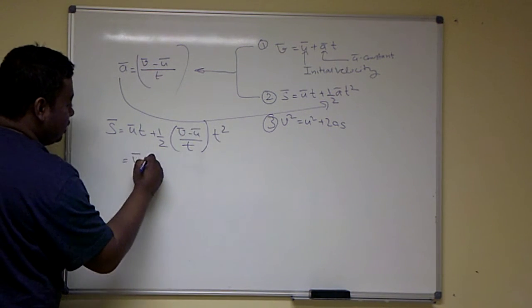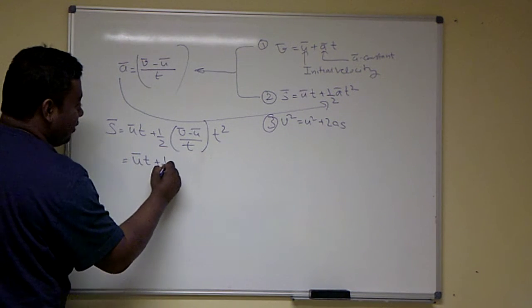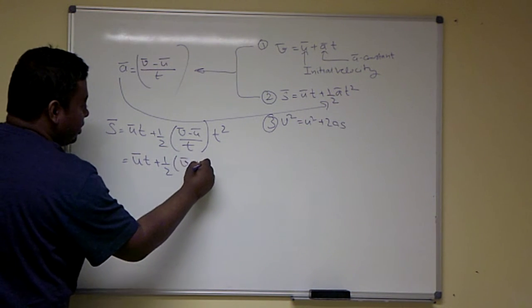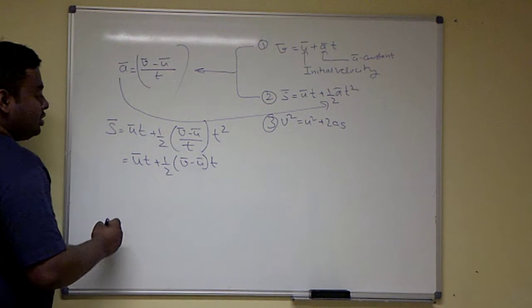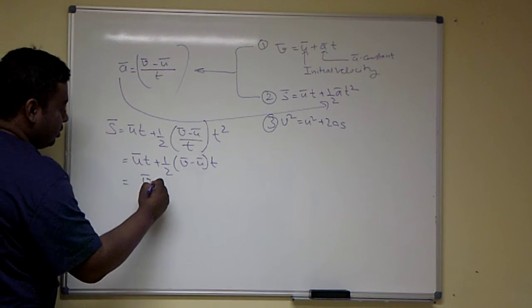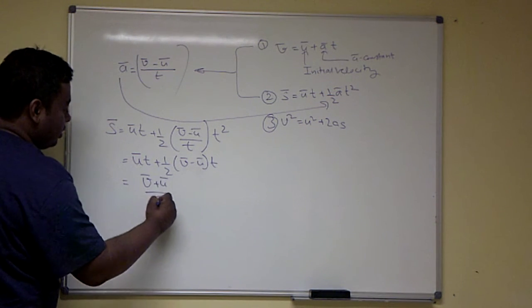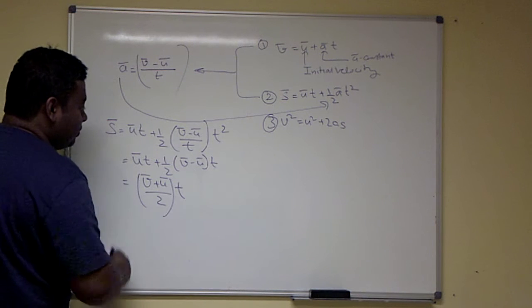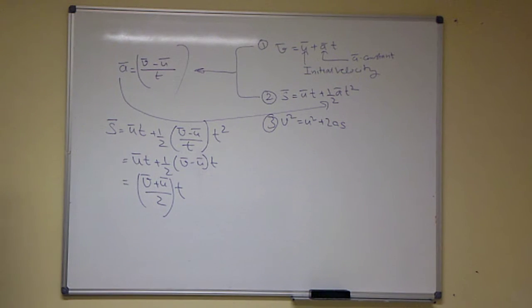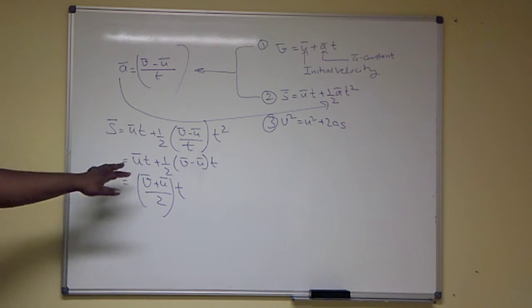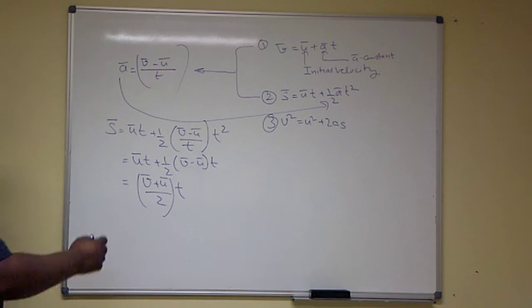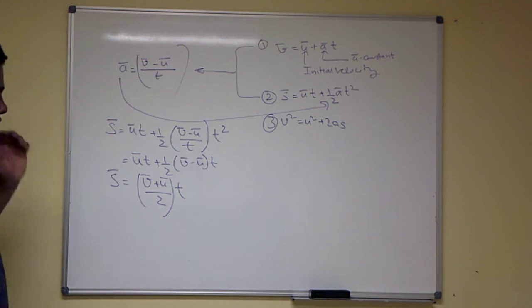We get u vector times t plus half v vector minus u vector times t. We write that as v vector plus u vector divided by 2 times t. Now, this is what we get for this s vector quantity.